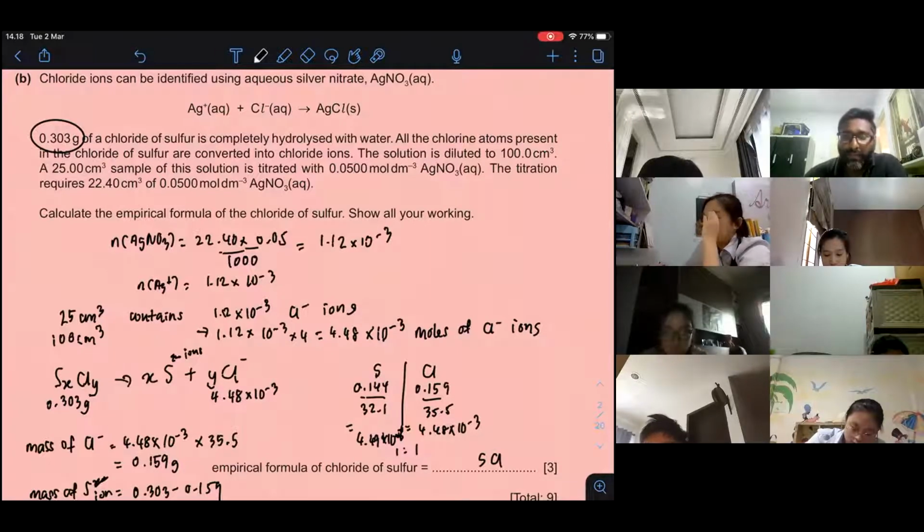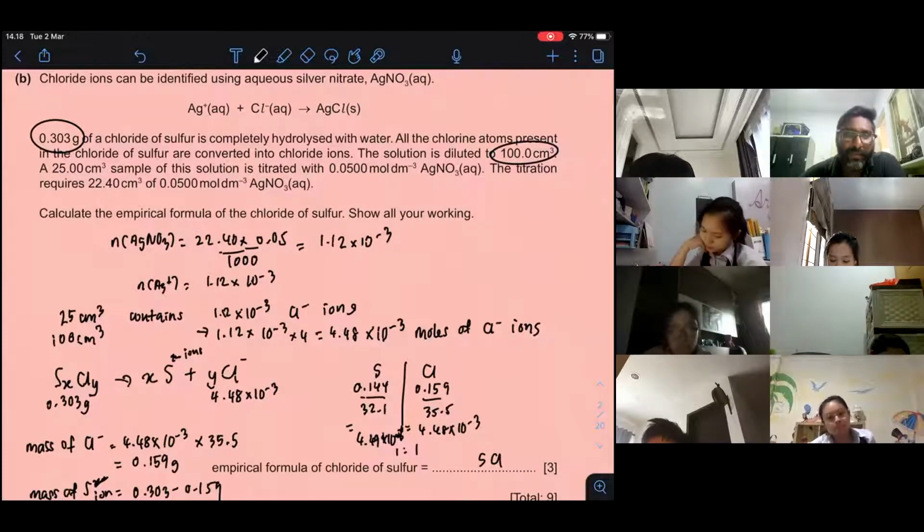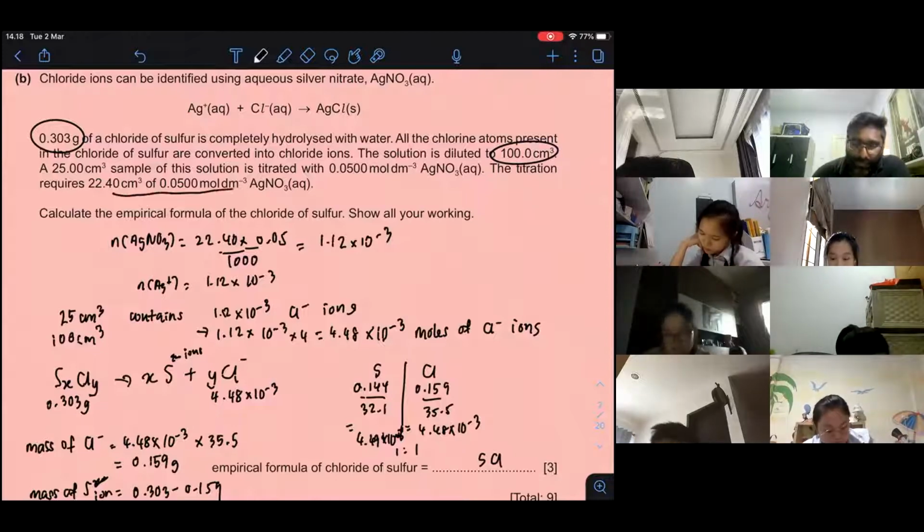Then the solution is diluted to 100 cm cube, and then 25 cm cube is taken. So please take note, you don't take everything, you took only 25. The 25 is titrated with 0.5 mole per dm cube silver nitrate. And then they have these results with silver nitrate.